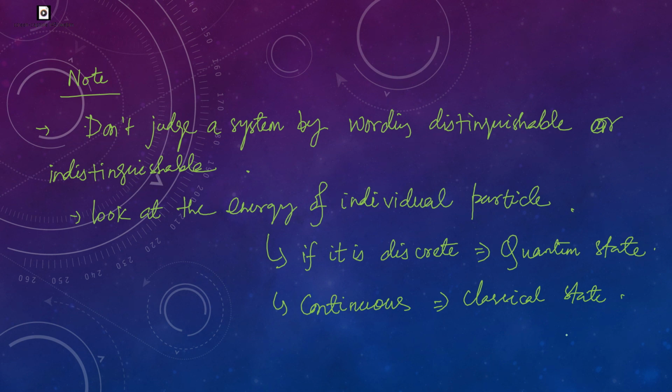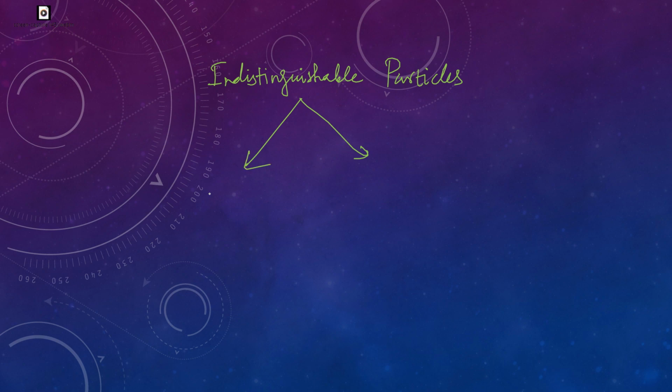Next, indistinguishable particles are also divided into two parts, that is fermions and bosons.